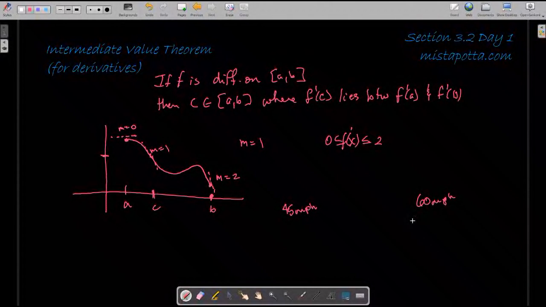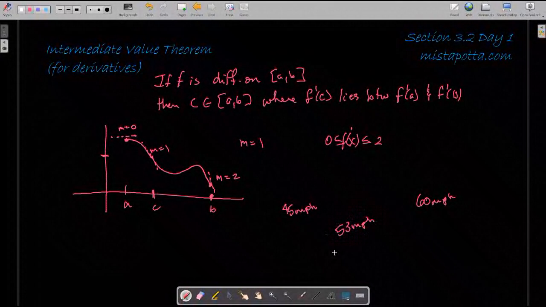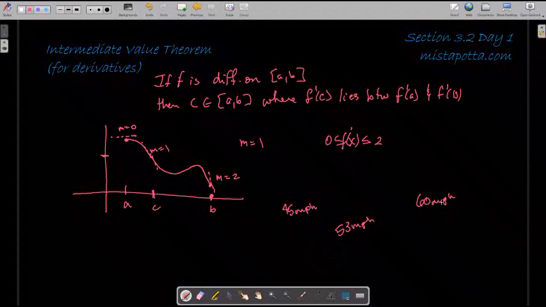Now, the thing is, my car isn't going to do any sudden jumps in velocity. As I'm driving, my acceleration tends to be a very smooth function, and therefore my velocity is very, very smooth. And so I can know that at some point on my journey, there was a place where I hit 53 miles per hour, somewhere between where I started at 45 and where I ended at 60.